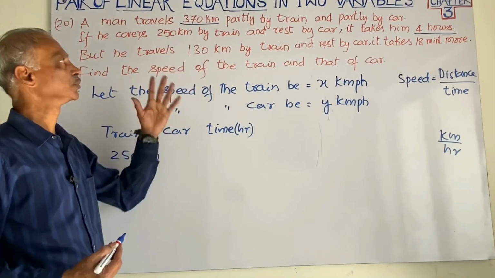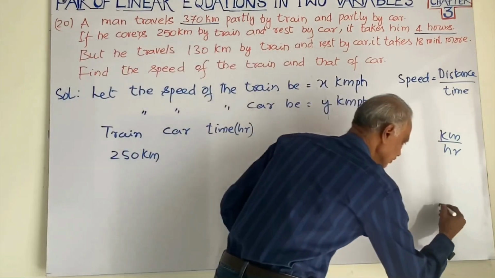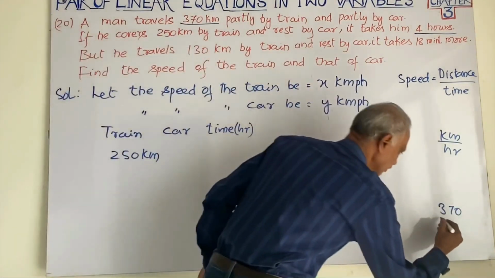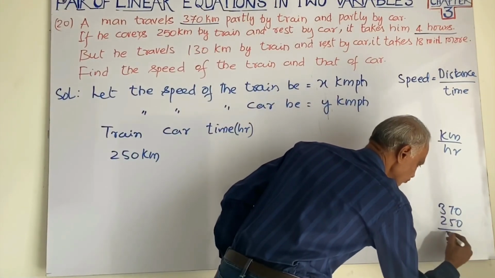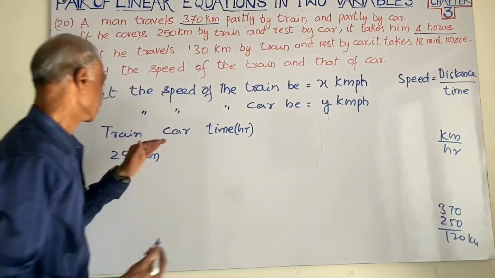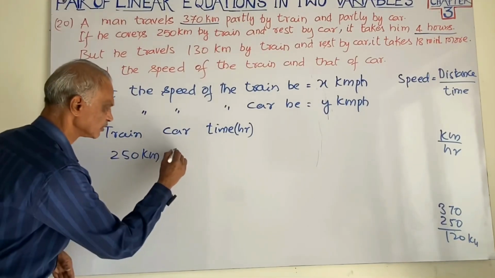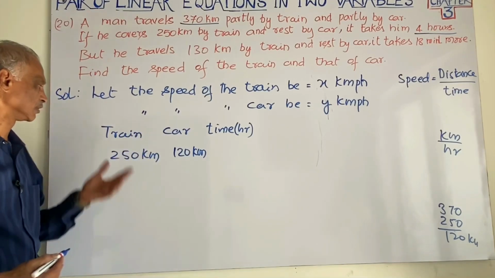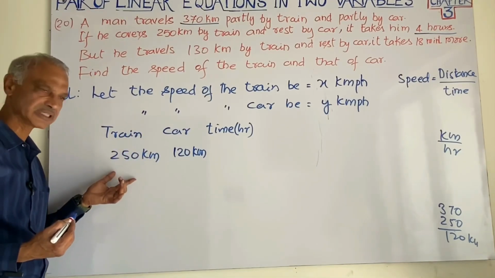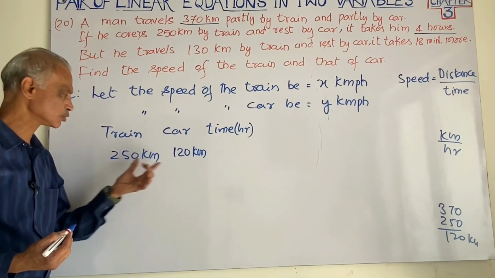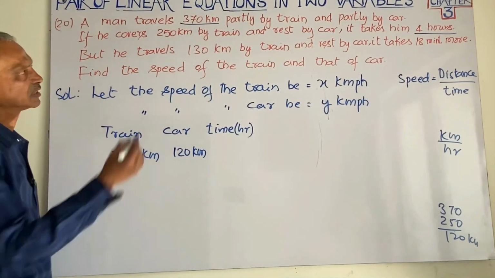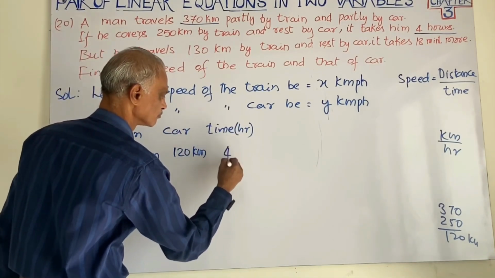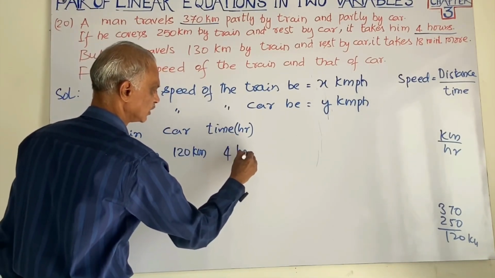Rest by car: 370 minus 250 is 120 kilometers. He travels by car 120 kilometers. If you add them, you will get 370. Total 370 kilometers. What is the time he takes? 4 hours.